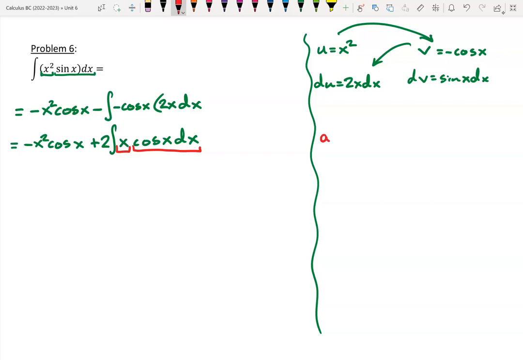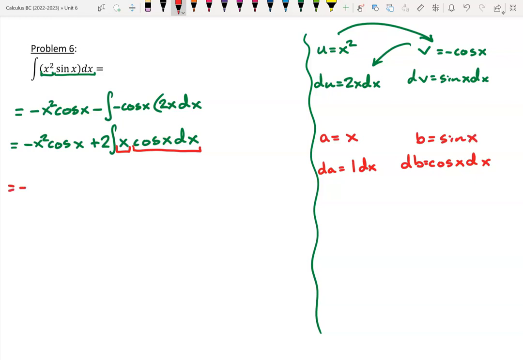So I'm going to say a is equal to x, and db is going to be cosine of x dx. So dA is going to be just 1 dx, and then going back, b is equal to sine of x, and now I should be able to continue.